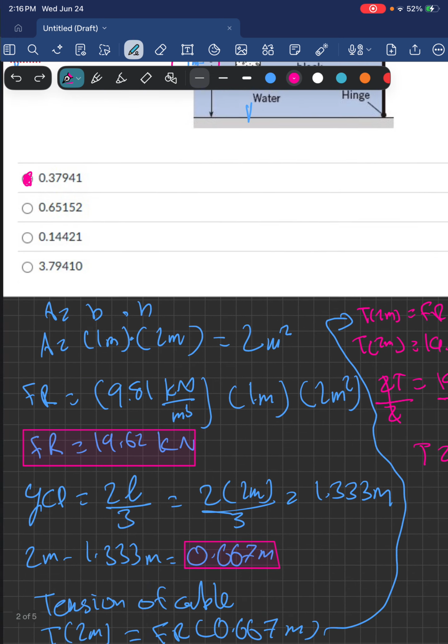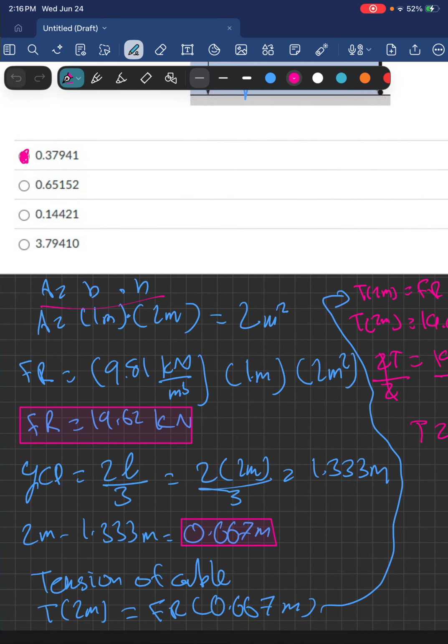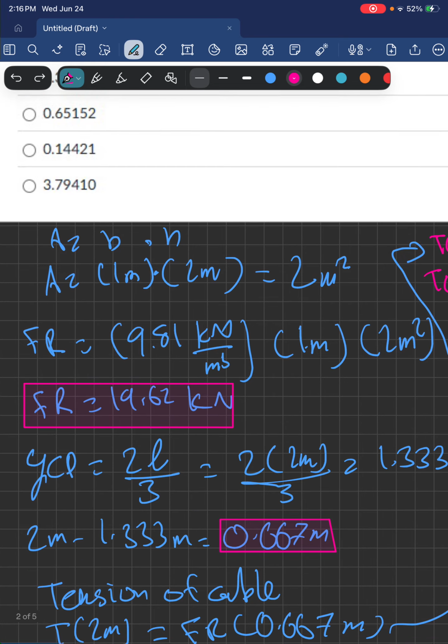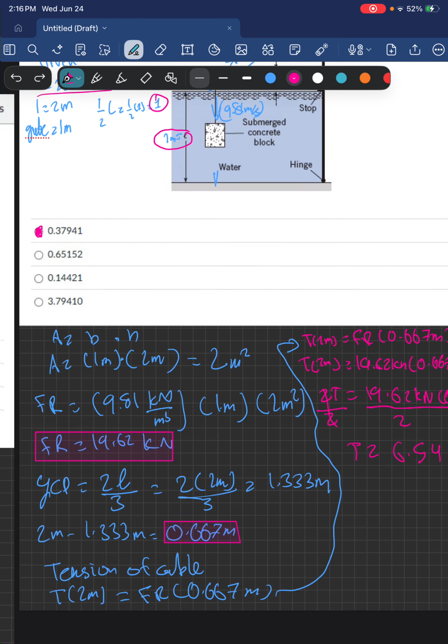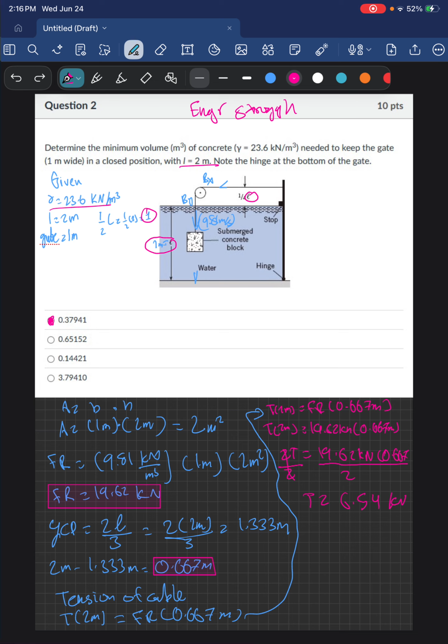But yeah, first you're going to start with the area, which is base times height, which is pretty self-explanatory. And then if you remember the FR, the force reaction, that would be with respect to gravity, which is 9.81. I shouldn't tell you that, but by this point, if you don't know what that means, just drop out of engineering.